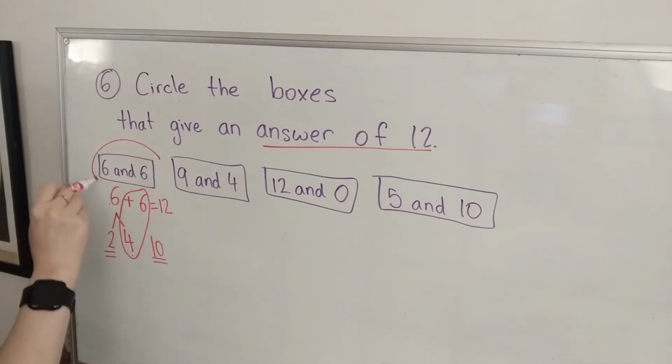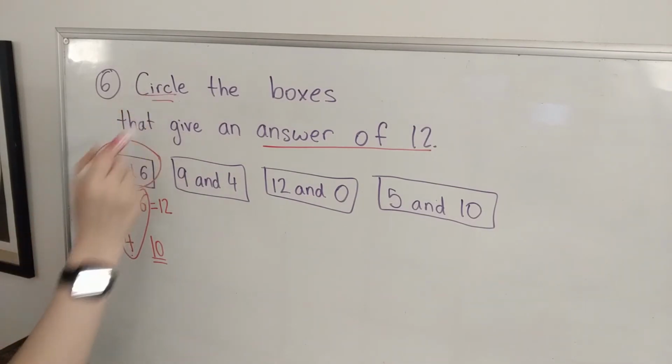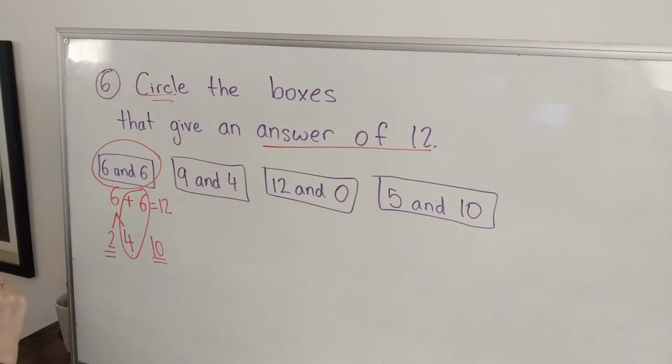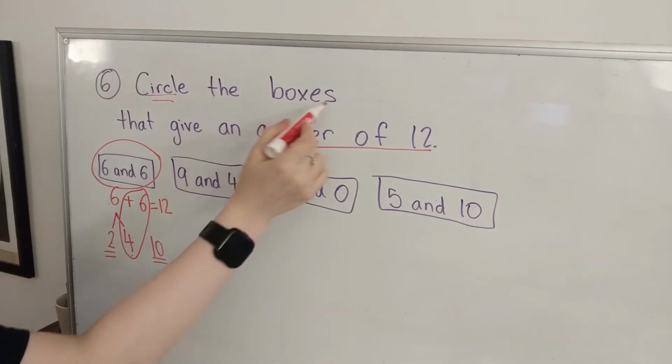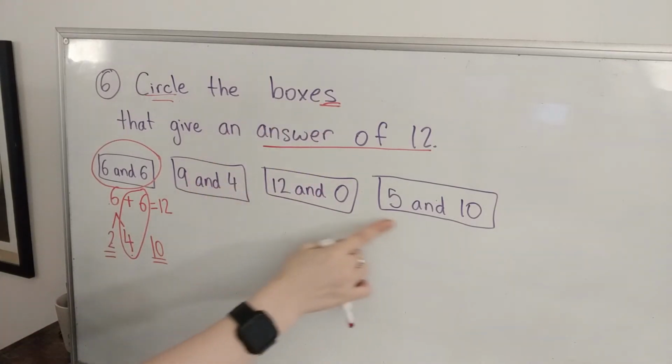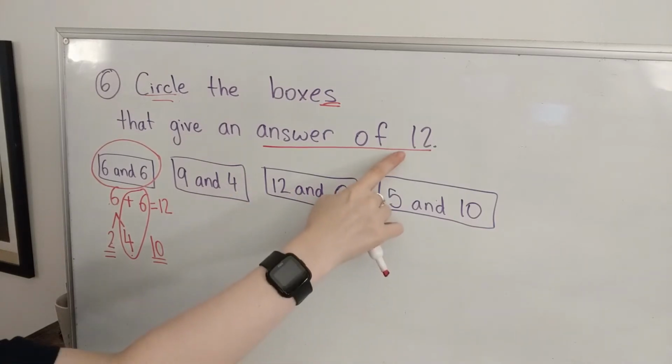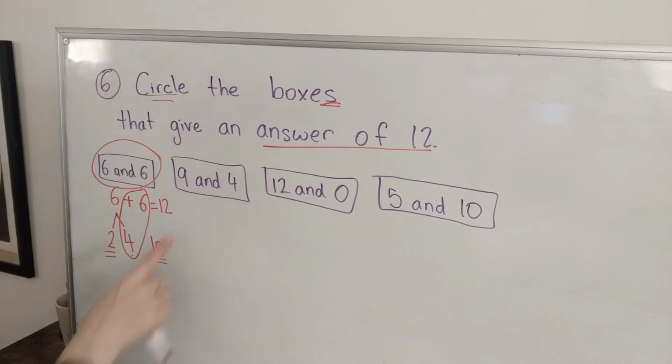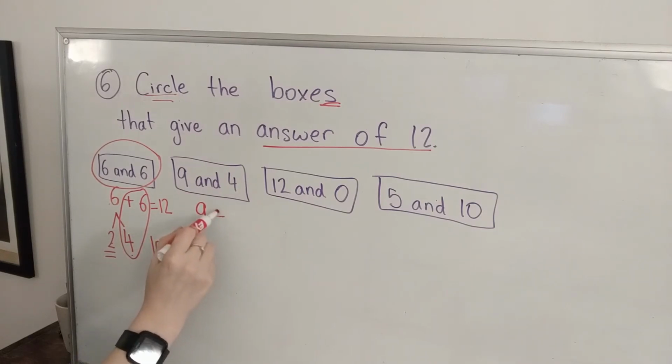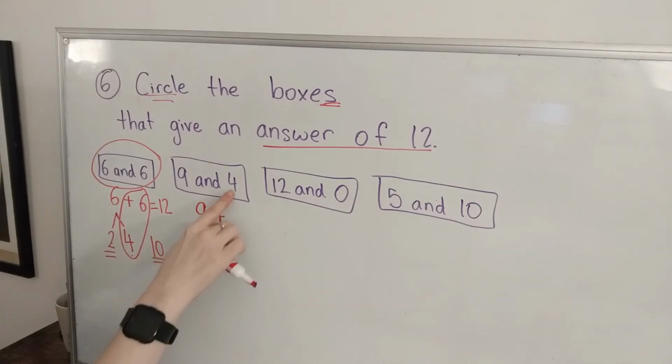So I can circle the boxes that give an answer of 12. Are we done? Not yet, because why? It says boxes. We have to check all of them to see if there are any other boxes that have an answer of 12. Let's try this one. 9 and 4.